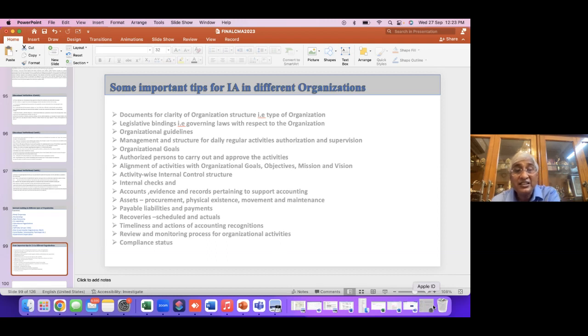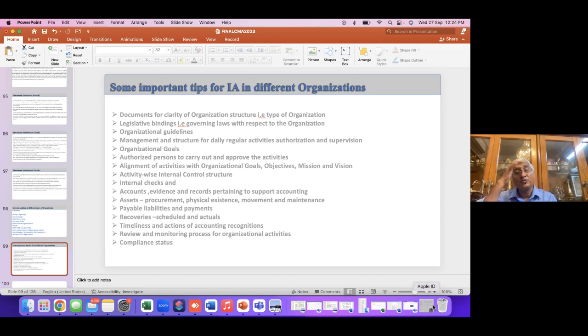So activity wise: internal control structure, internal checks, accounts, evidence and records pertaining to support accounting, assets, procurement, physical existence, movement and maintenance, payable liabilities and payments, recoveries, scheduled and actuals, timeliness and actions of accounting recognitions, review and monitoring process for organizational activities, compliance status.